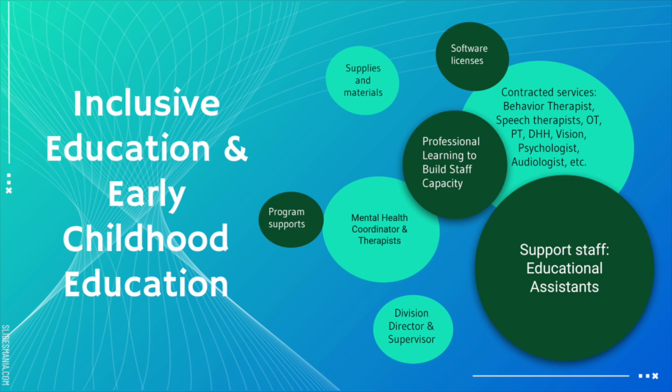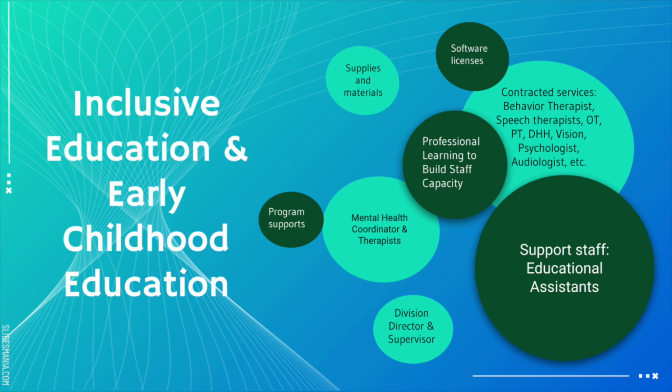But it also includes contracted services like our speech language pathologists, our occupational therapists, any assessments that are needed and the people that do those assessments, consultants like doctors that work with us, behavior interventionalists, the mental health workers, therapists, deaf and hard of hearing consultants, the visually impaired consultants, the audiologists and the psychologists and physio. There's just a lot of contracted services.